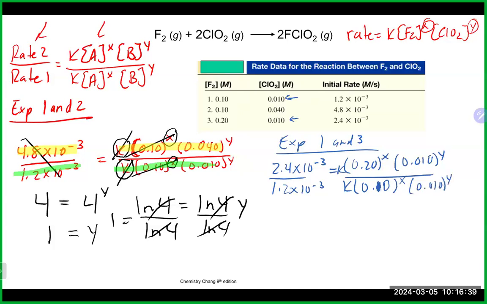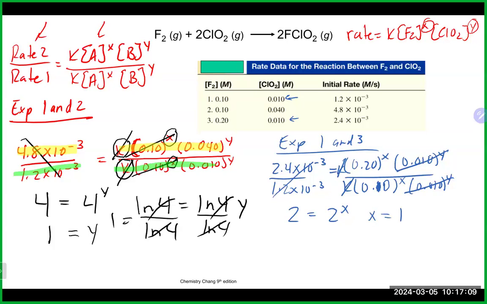So once again, we're going to do our same sort of math. When we divide these out, that gives us a nice 2. Once again, the rate constant should be the same. When we divide the next thing, we get 2 to the x. And once again, we already know that's 1, and those are going to cancel out. Once again, you could probably just see it. In this case, x would equal 1. So the order with respect to F2 is 1, first order.